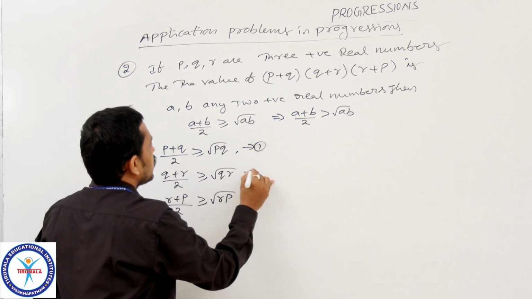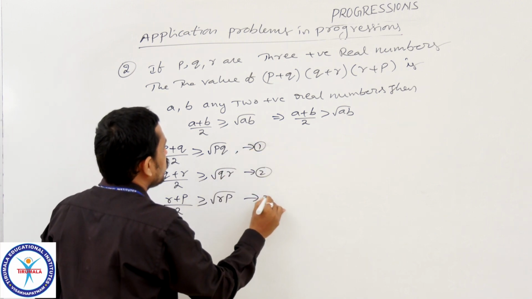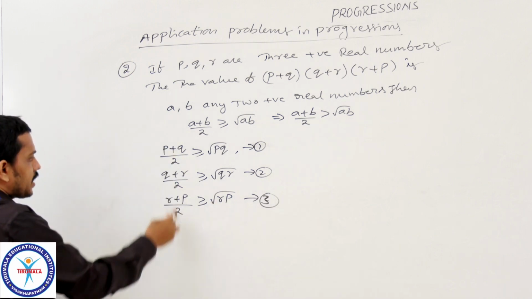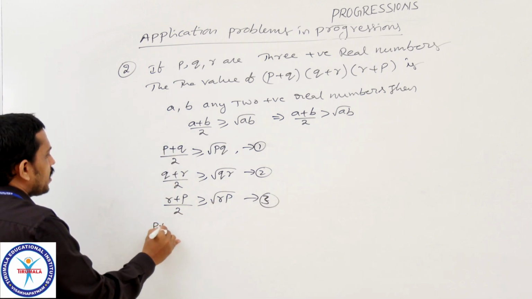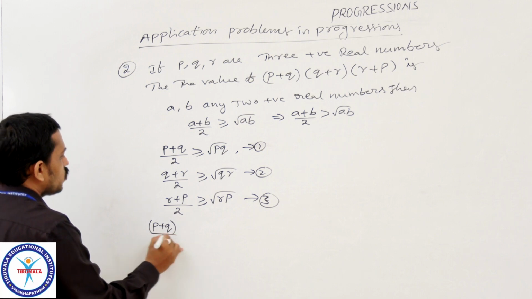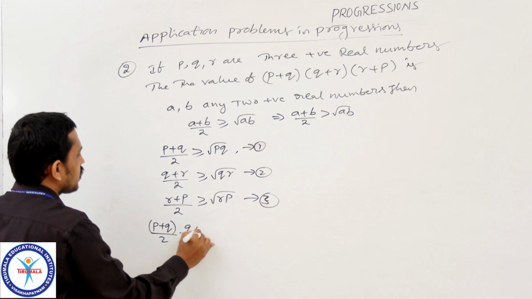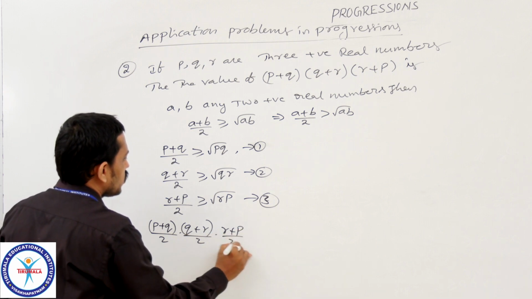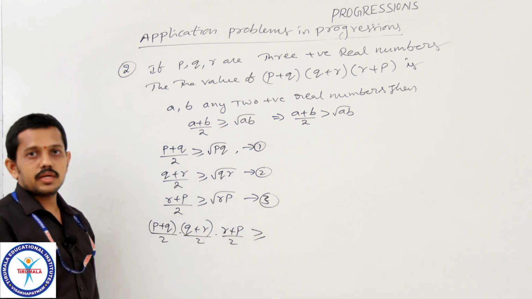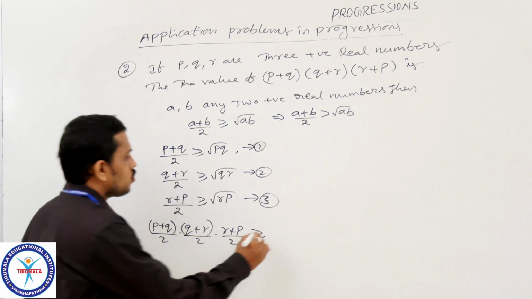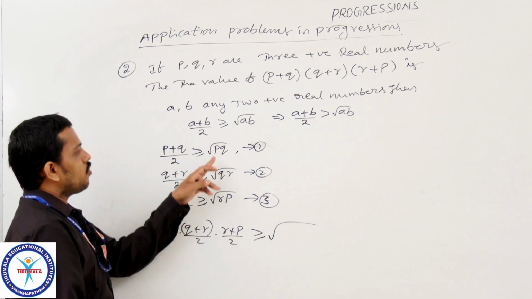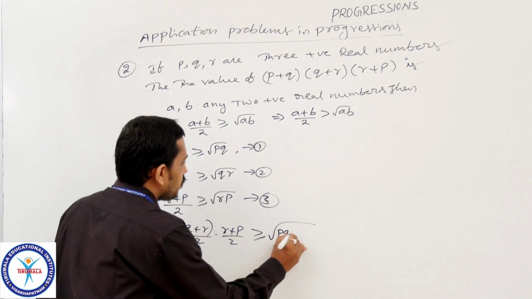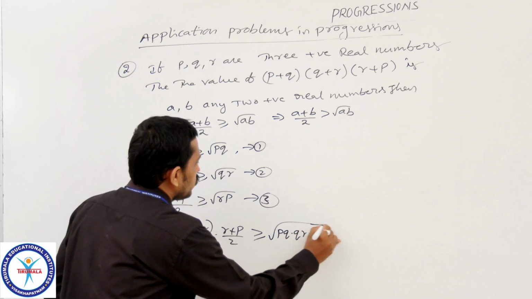Now consider the product of the 3 inequalities. By considering the product, (p + q)/2 into (q + r)/2 into (r + p)/2 is always greater than or equal to root over pq into qr into rp.